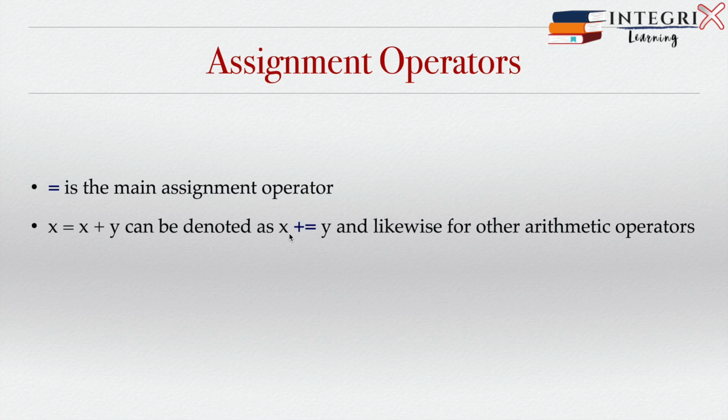We can denote it as x plus equal to y. And similarly, we can do the same for minus, product, division, etc. We could have done x minus equal to y, which would really mean x is equal to x minus y, or we could have done x asterisk equal to y, which would mean x is equal to x product y.